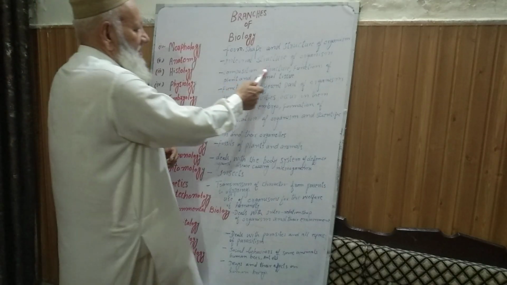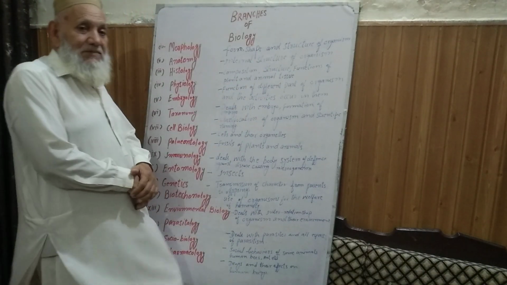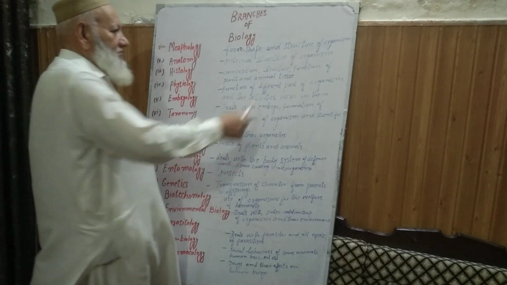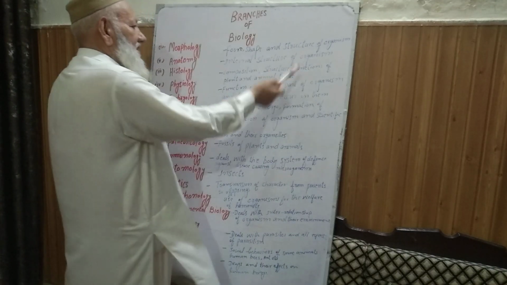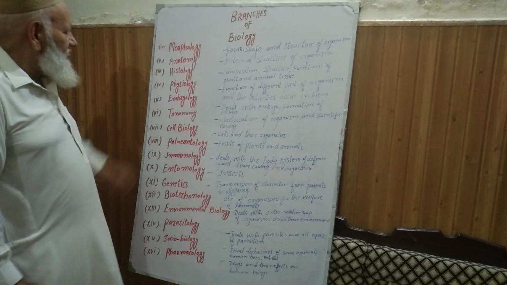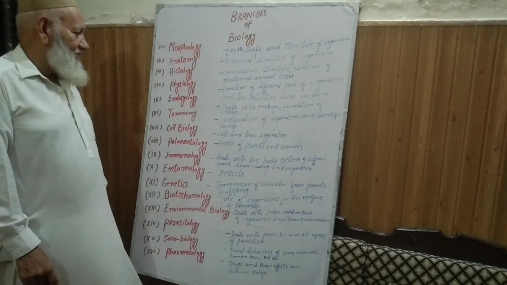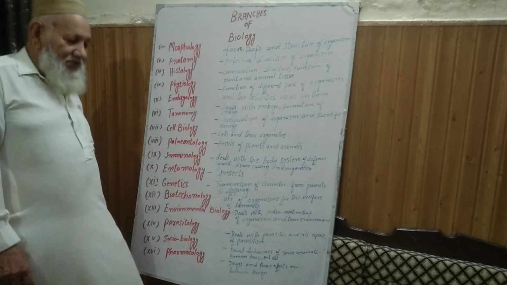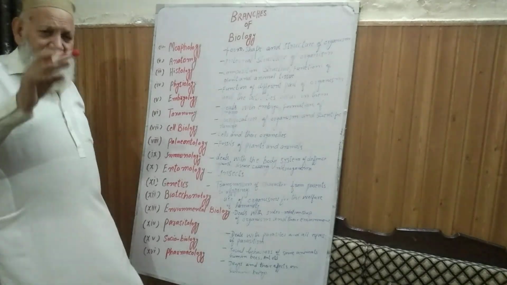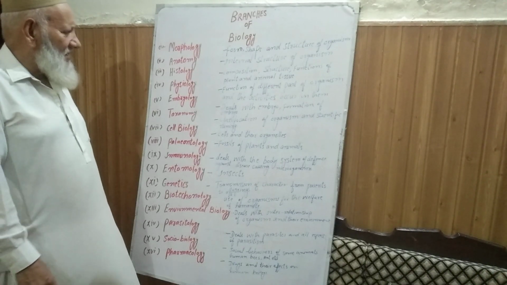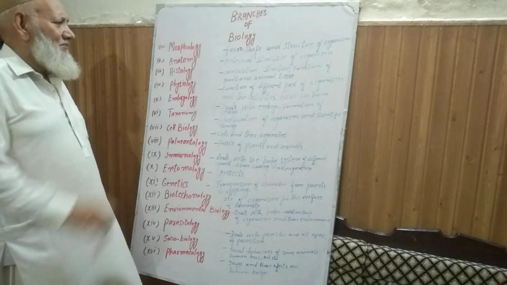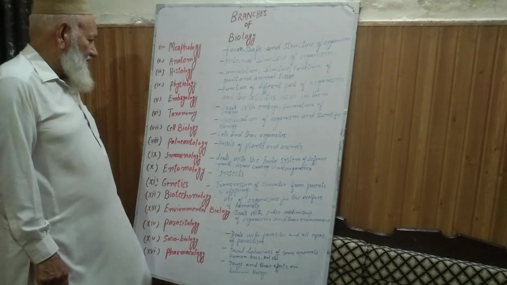You will also study the structure, what type of structure it has. And then you will check the function of plant and animal tissue. So now you are clear what histology is. The study of tissue of animals and plants is called histology.